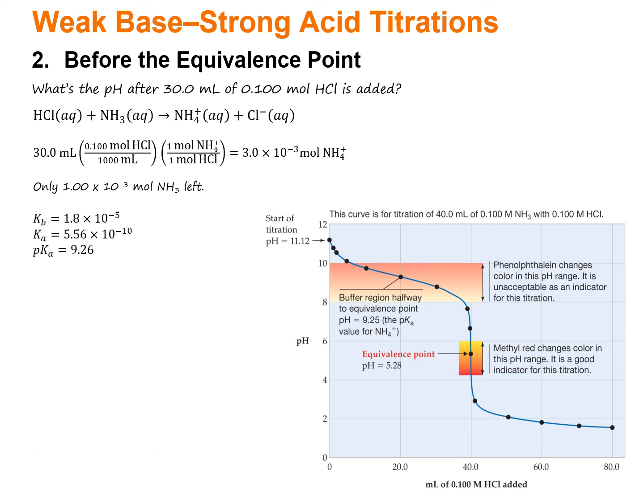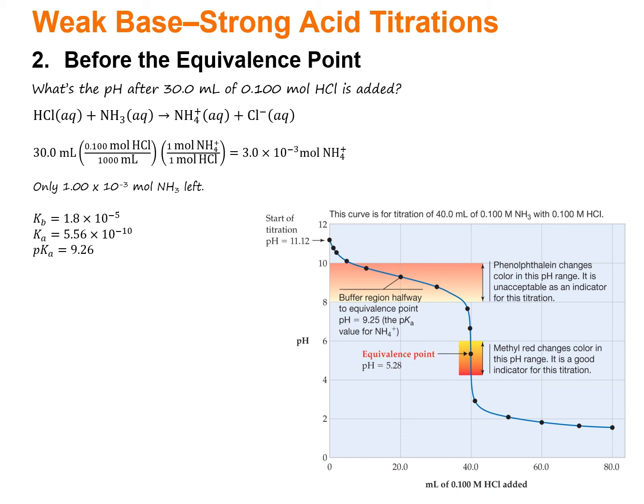We need to figure out what the pKa is in order to plug it into the Henderson-Hasselbalch equation. Usually if you start with something like a weak base, you're given the equilibrium constant for the base, or Kb. So in this case, it's 1.8 times 10 to the minus 5.